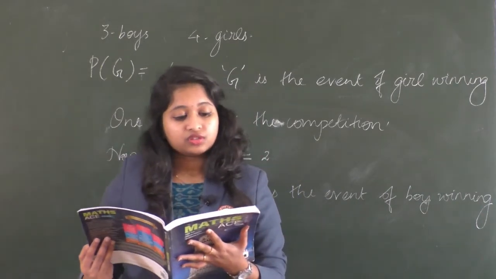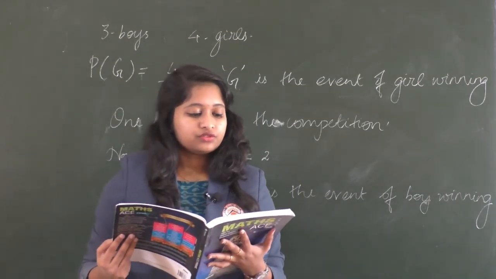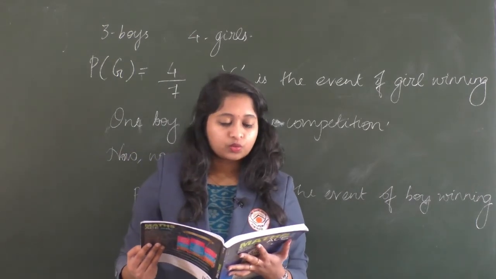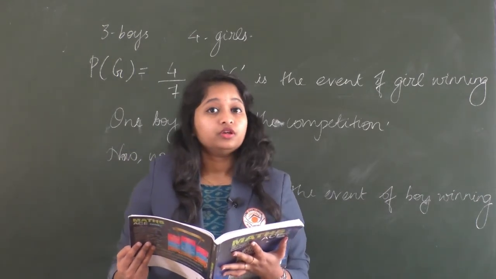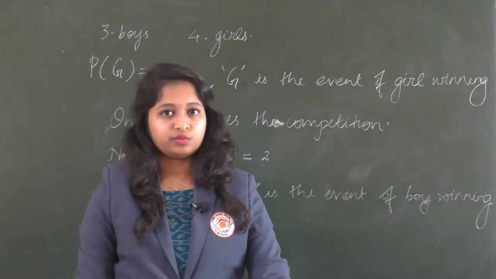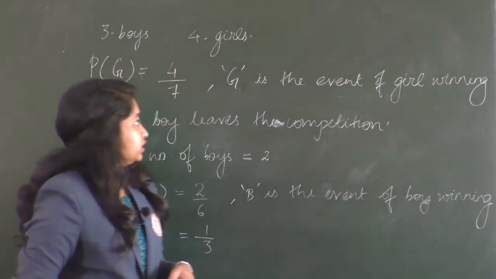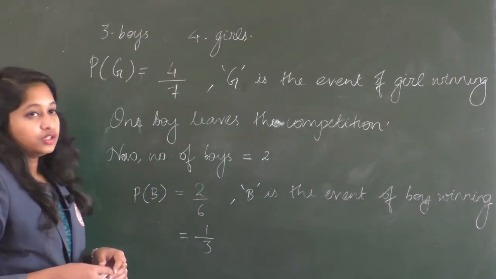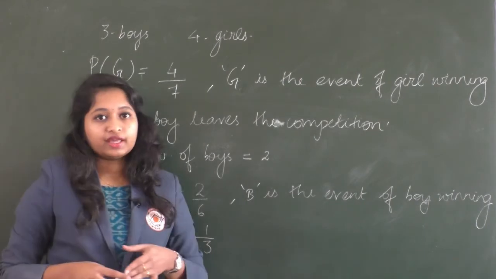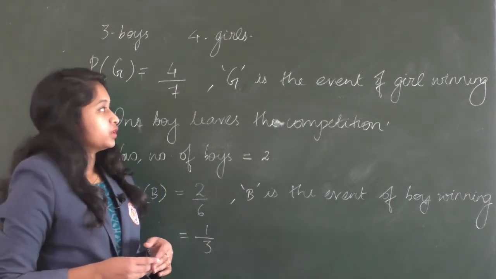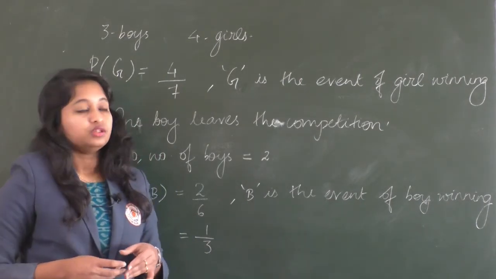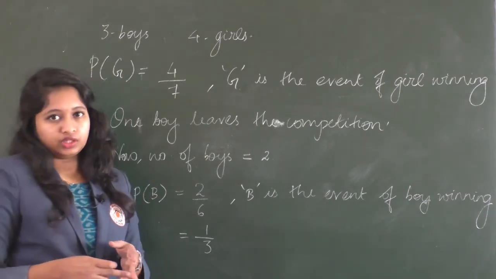The second question is, if a boy leaves after the first round, what is the probability of a boy winning the competition? So here there are 3 boys and 5 girls. Let G be the event of a girl winning.